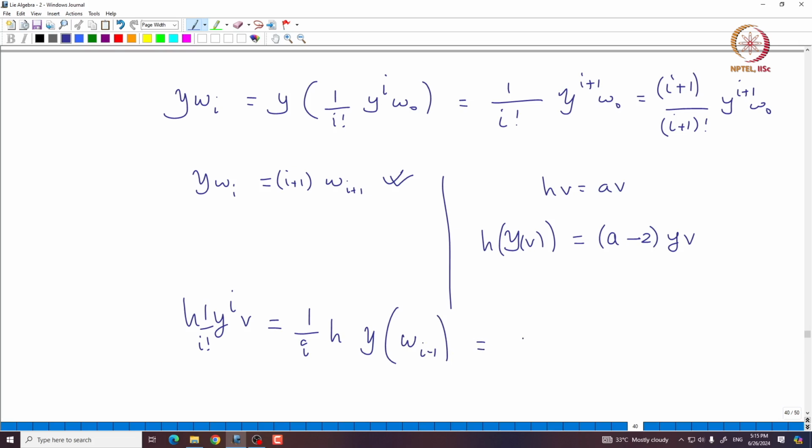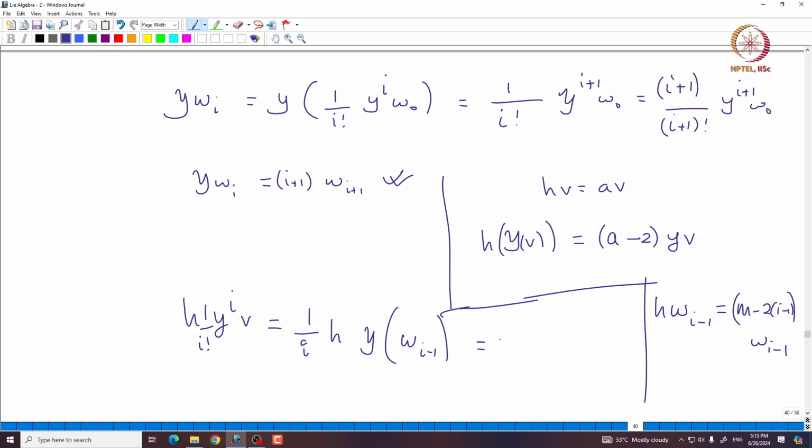This is going to give me, by induction you can assume that h W I minus 1 is going to be exactly m minus twice I minus 1 W I minus 1. So, using that you can see that.